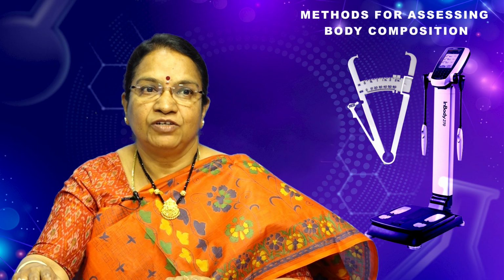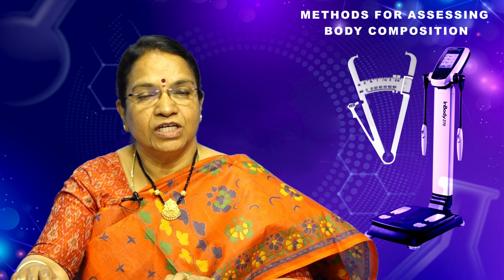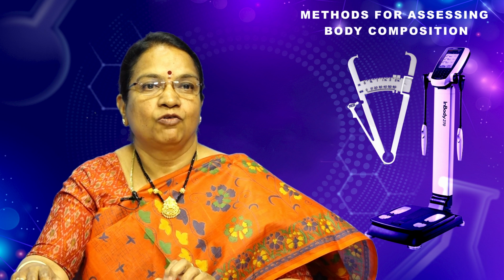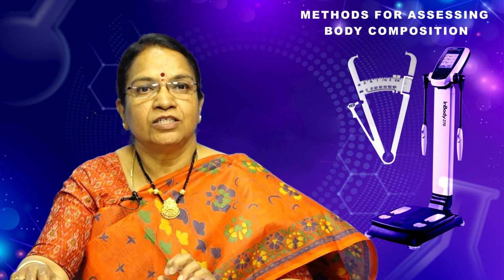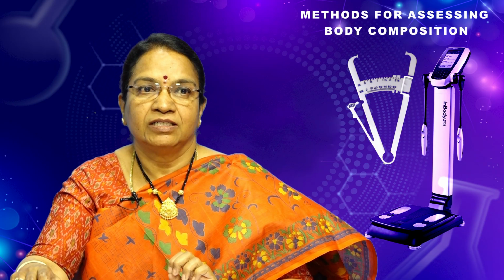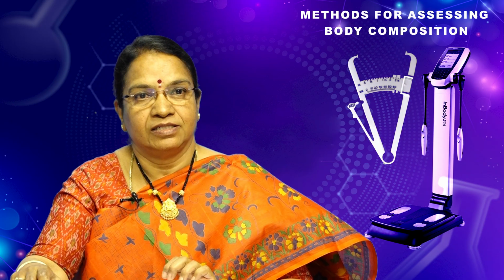So, in physical fitness, body composition refers to the quantifying of different components or the compartments of a human body. The selection of compartments varies by model, but may include fat, bone, water and muscle.